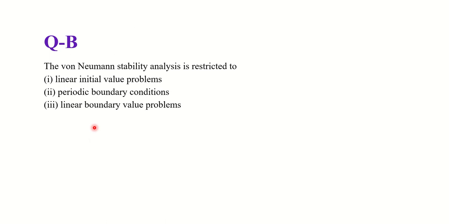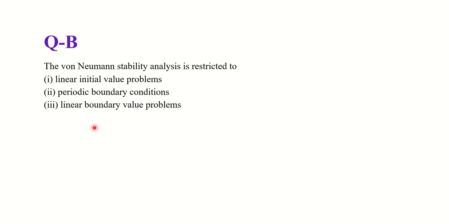In question B, it is asked that von Neumann stability analysis is restricted to. We'll see the options: linear initial value problems, periodic boundary conditions, and linear boundary value problems. When we speak about von Neumann analysis, what does it mean?